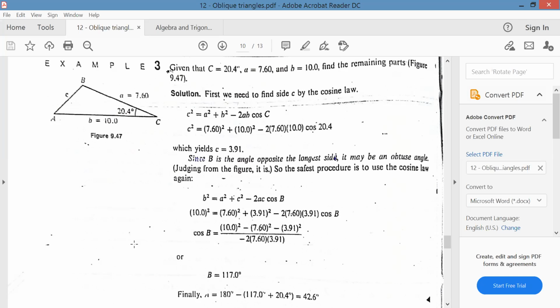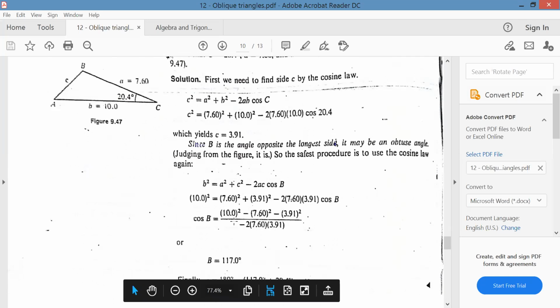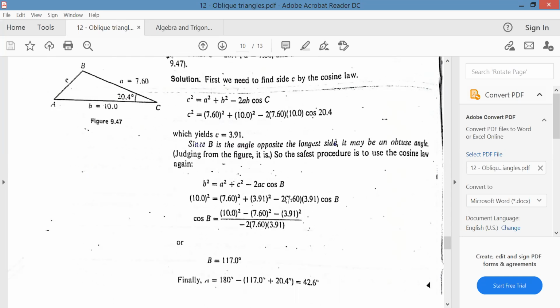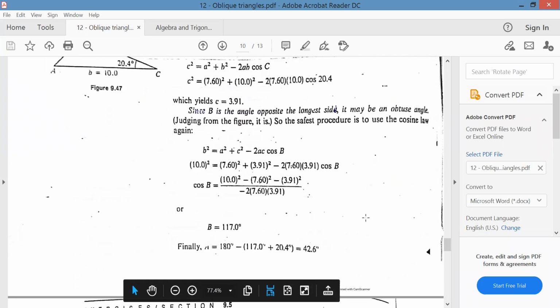Then the author is directly simplifying it. After taking the square, subtraction, division, you'll be getting a value for cos B, then take cos inverse of that value. The answer will come to be angle B as 117 degrees.